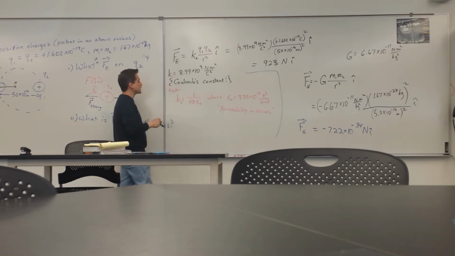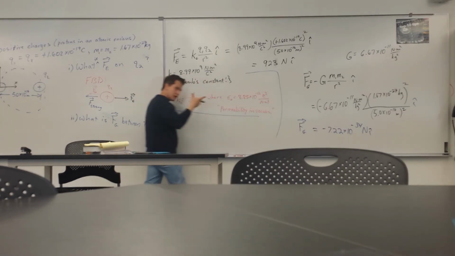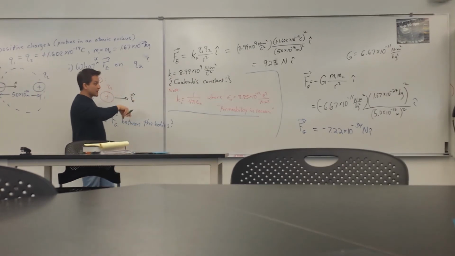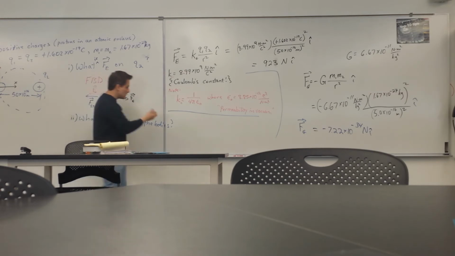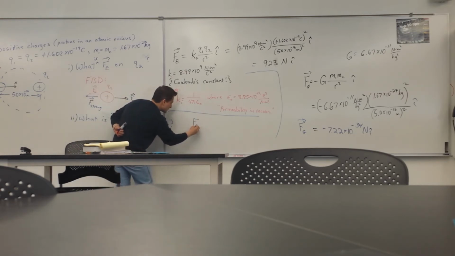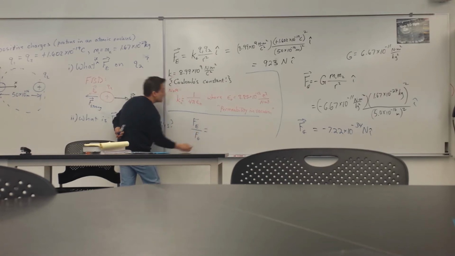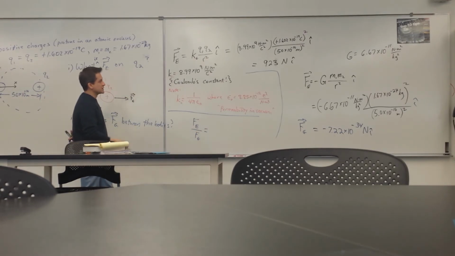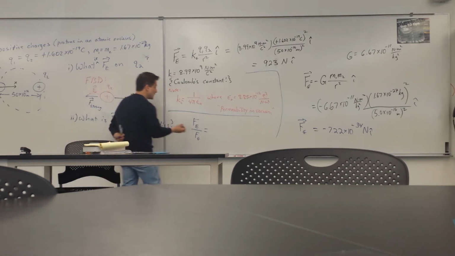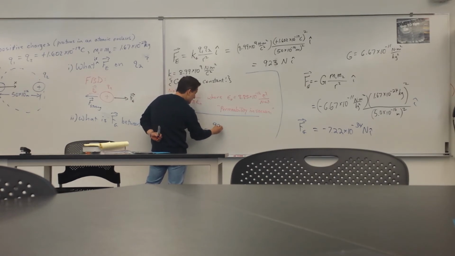Now, if you wanted to do a quick simplification so we can compare these, we look at the ratio of FE to FG, and there's no reason to look any farther than just their magnitudes. It's about 923 divided by 7.22 times 10 to the negative 34, which is, again, 34, 35, 36.